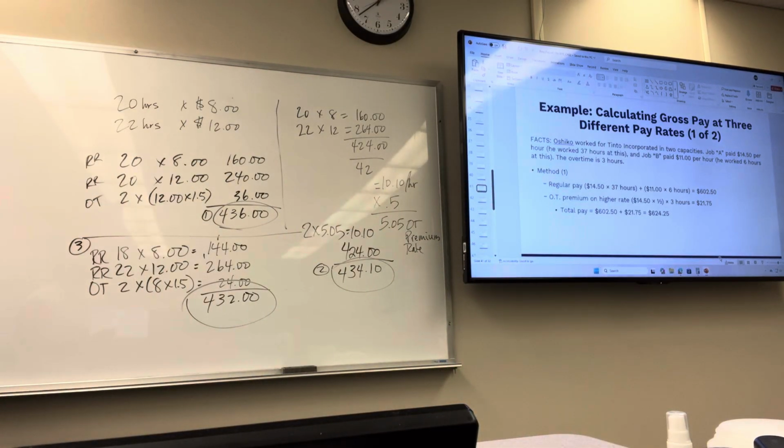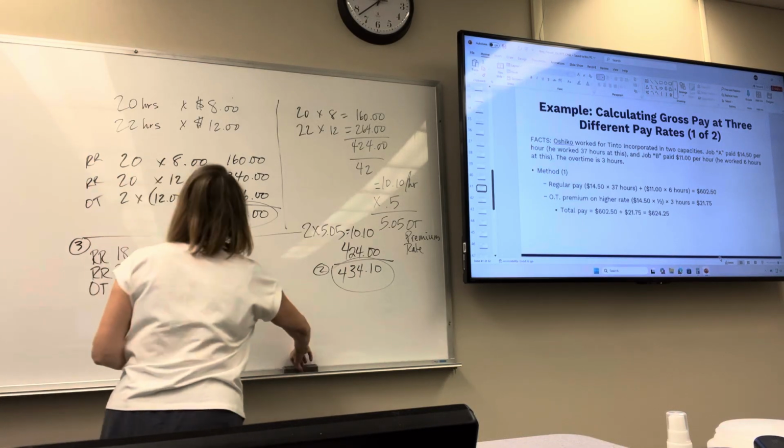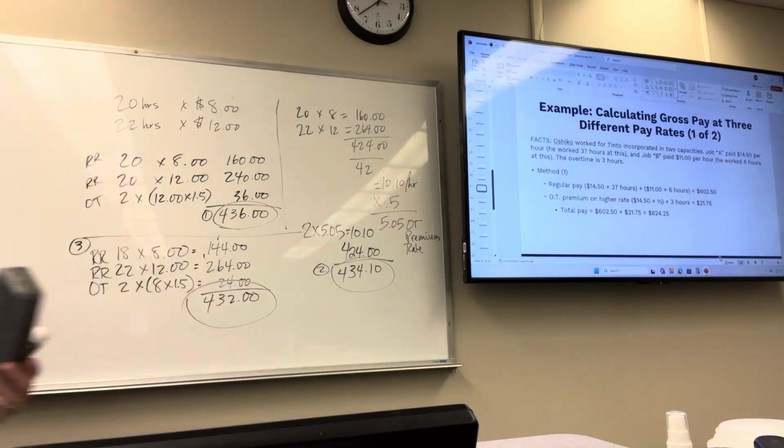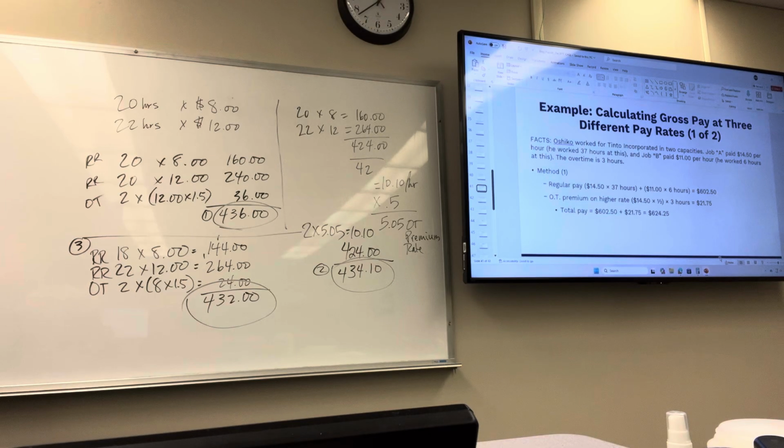Now, if you want to see what it would look like if we did it the regular way, I'm running out of time though. I want to get through these other slides. If you want to see what it looks like, I can start next class period doing that if you want me to do that. But I want to show you the other calculations. So that's option 1 at the higher rate.